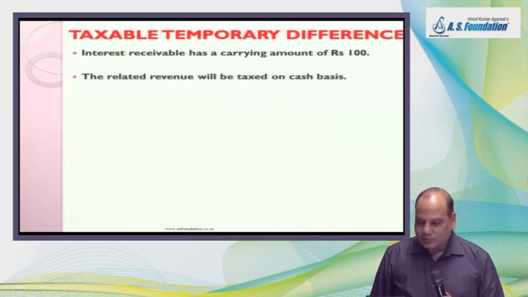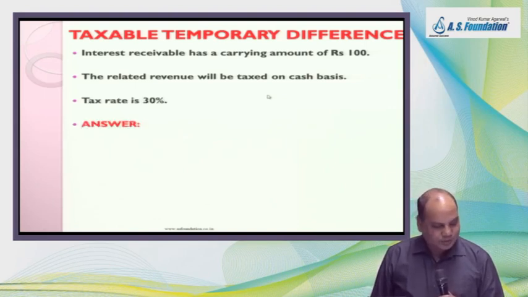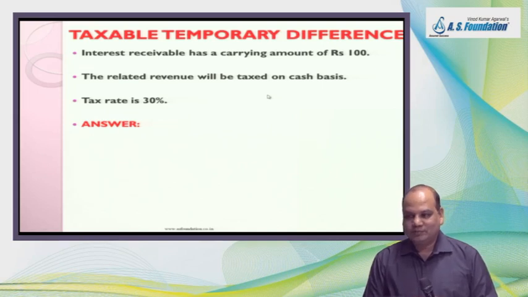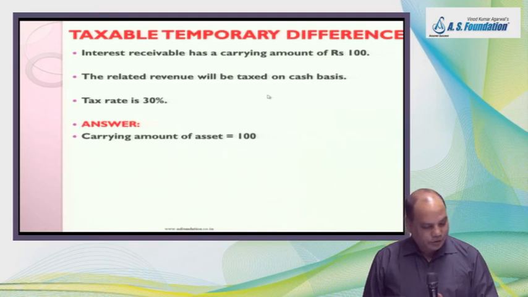Okay, try this one. Interest receivable has a carrying amount of rupees 100. Related revenue will be taxed on cash basis. Tax rate is 30%. Calculate DTA or DTL. So first you have to answer the following two simple questions. What is the carrying amount? 100. Right, 100. What is the tax base? Now this is an asset and this has a tax consequence in future.